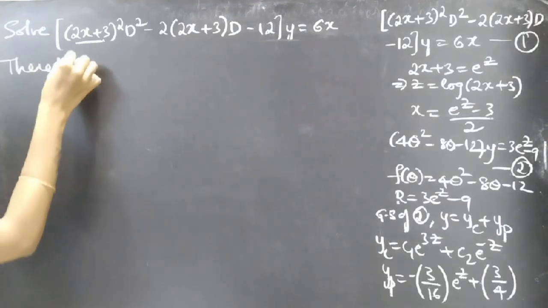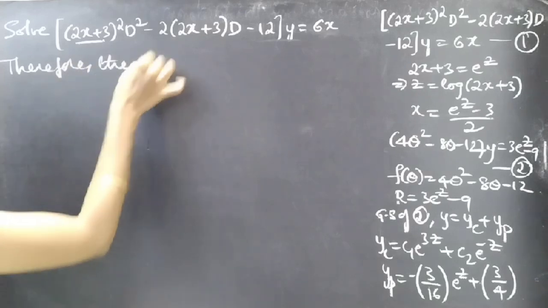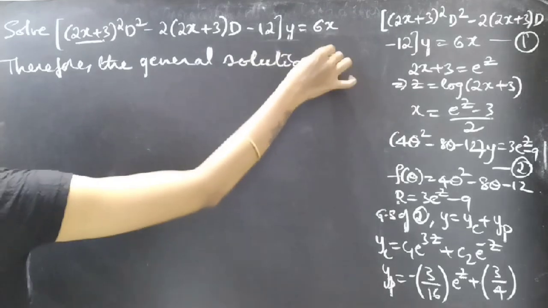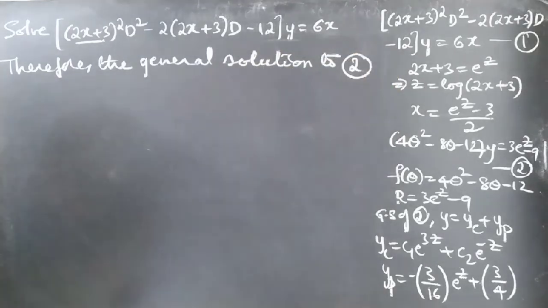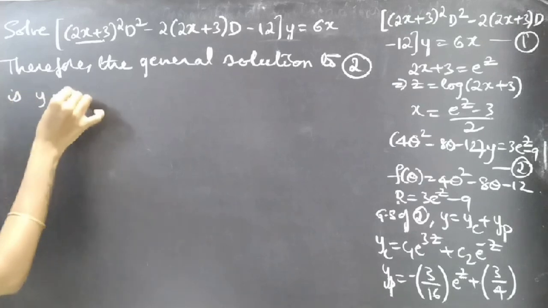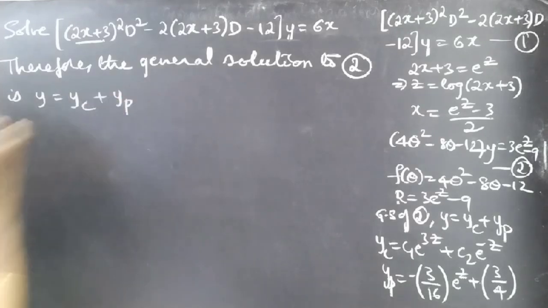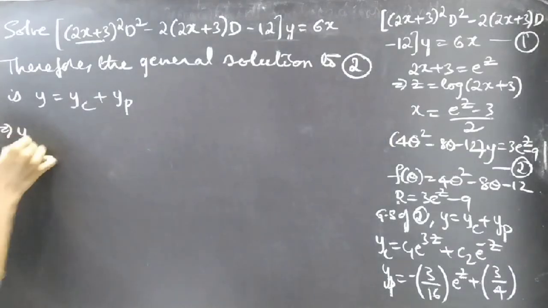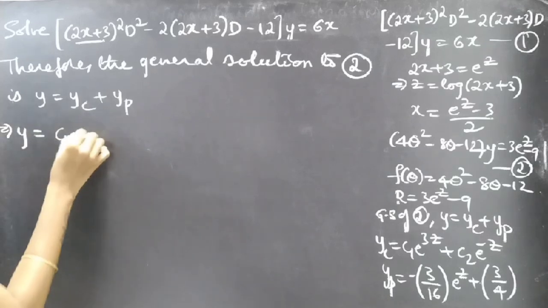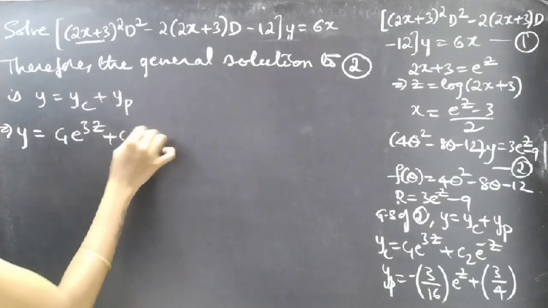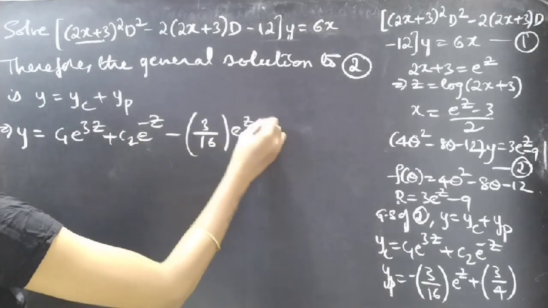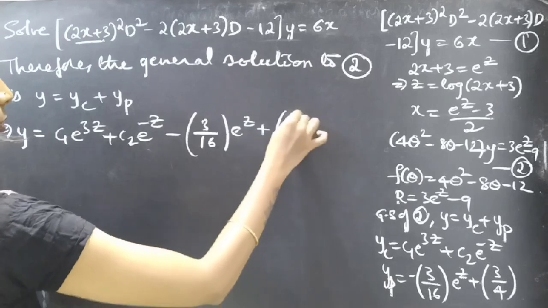Therefore, the general solution to equation 2 is given by y equals yc plus yp. So here we'll get the general solution in terms of z, which is the solution to equation 2. y equals yc, which is c1 e power 3z plus c2 e power minus z, and yp is minus 3 by 16 e power z plus 3 by 4.